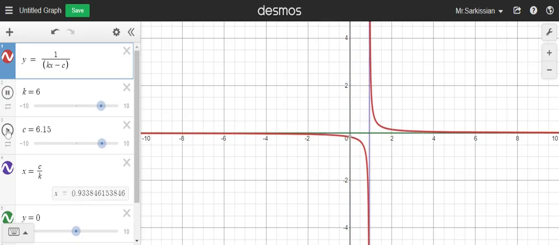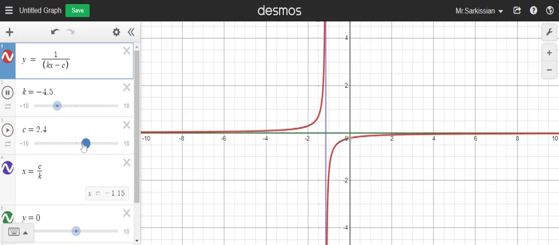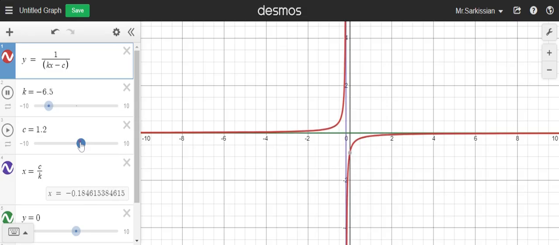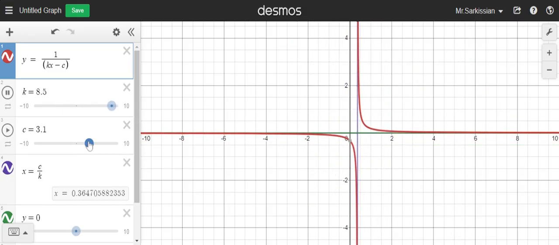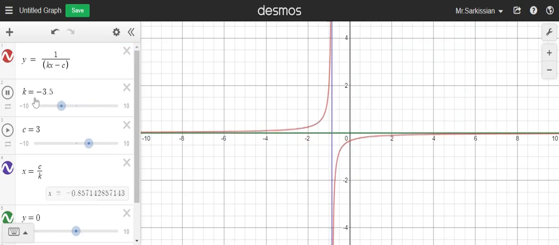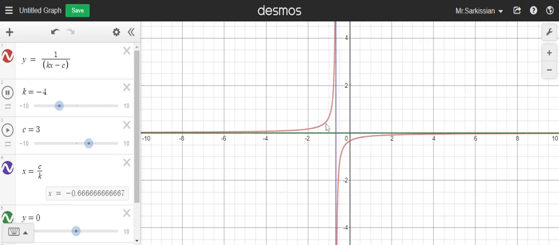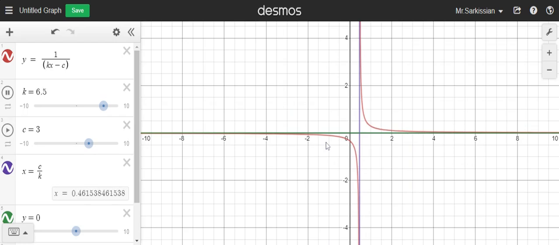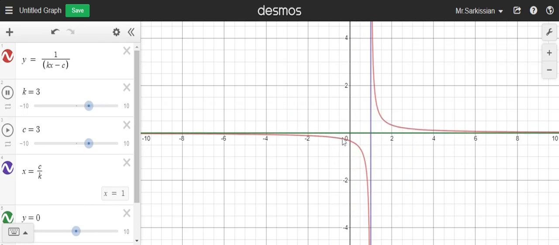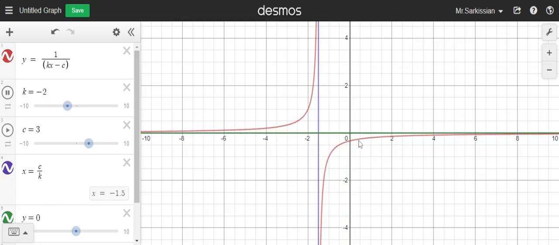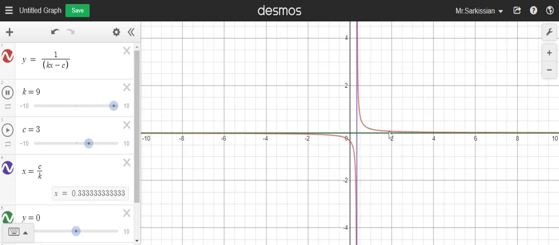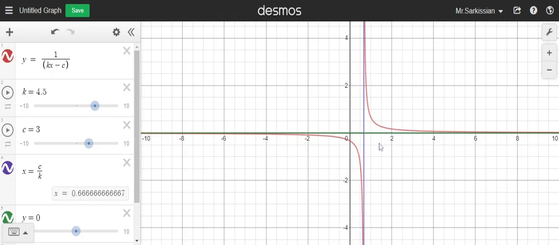So I'm going to keep c value to be like, let's say 2 or like 3, okay? And we change the value of k and see what happens. So right now, left side branch is above the x-axis, but now left side branch is below the x-axis. So here the right side branch is below the x-axis for negative values of k, but right now you see the right side branch for positive values of k is above the x-axis.